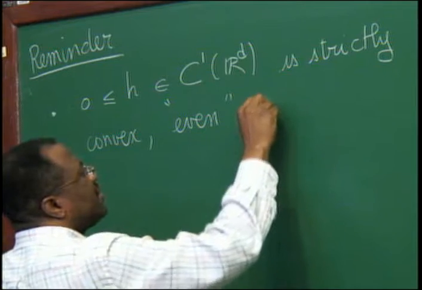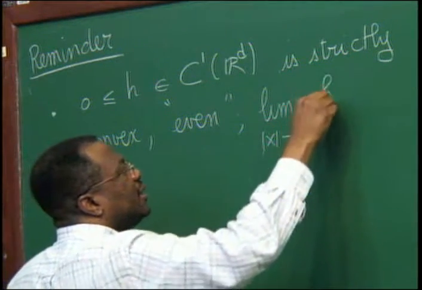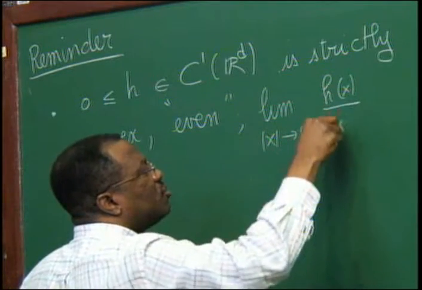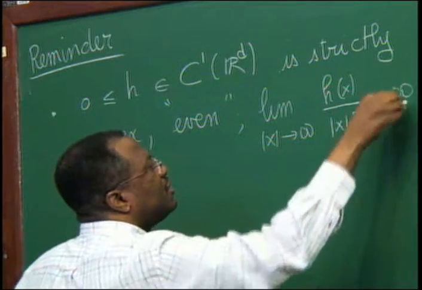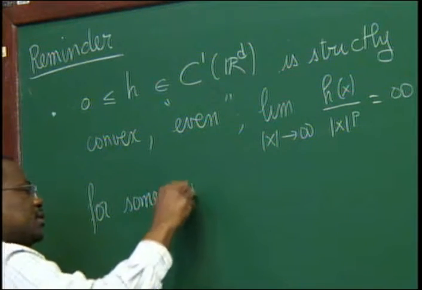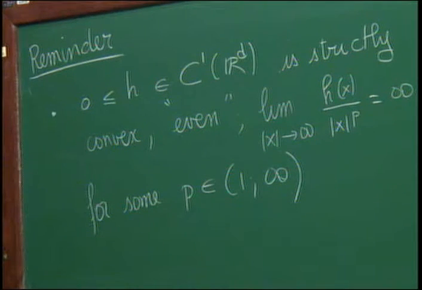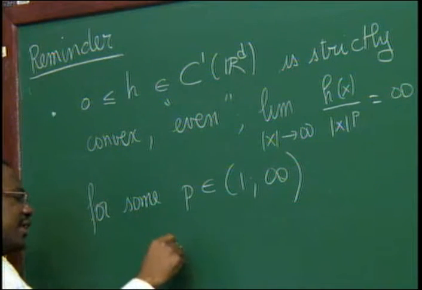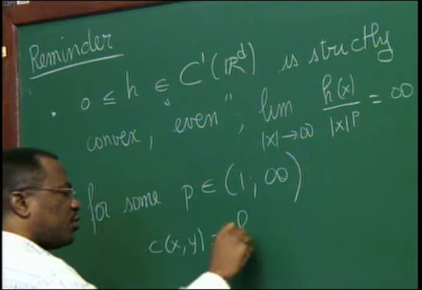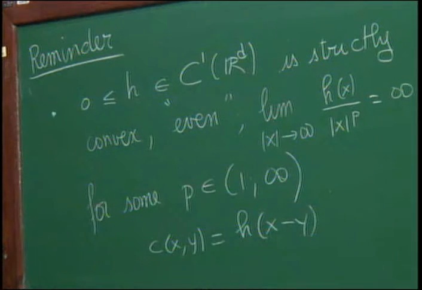And the limit when s goes to infinity of h of x over s to the power p is infinity for some p between 1 and infinity. And I define the cost c of x, y. The cost for transporting a unit mass from x to y is h of x minus y.